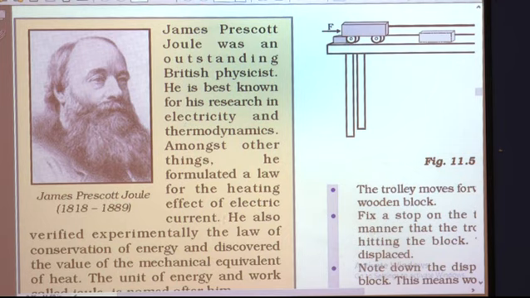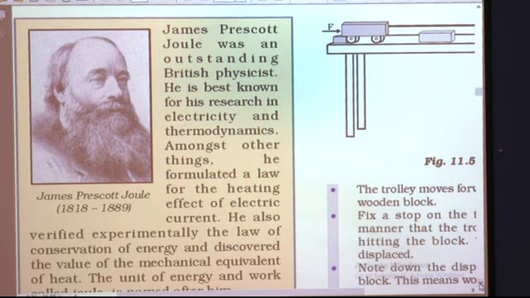He did a lot of research on this concept and formulated a law for the heating effect of electric current. He also verified experimentally the law of conservation of energy.